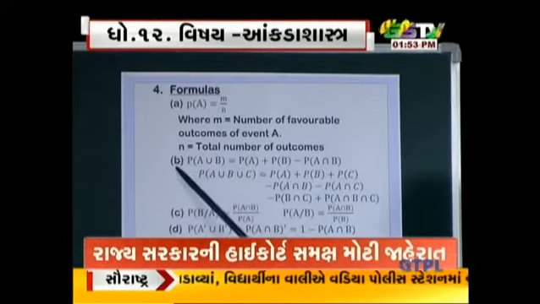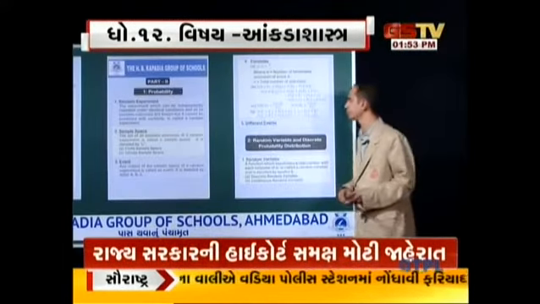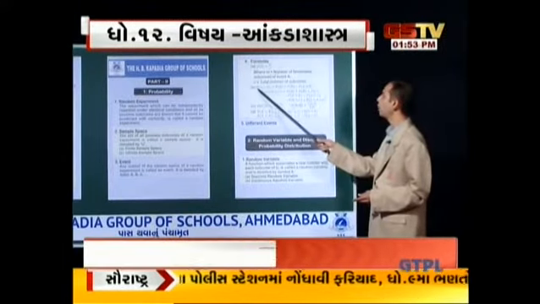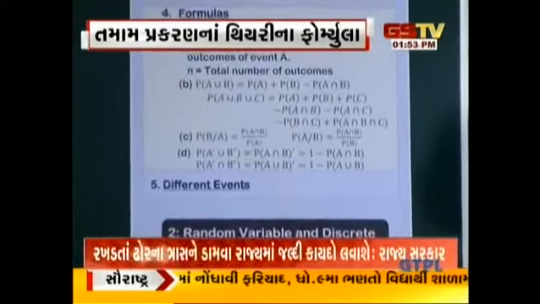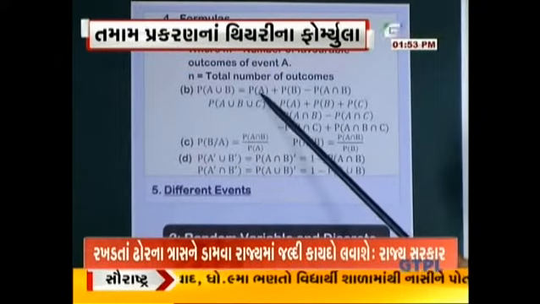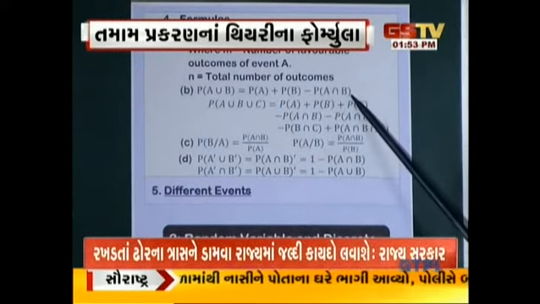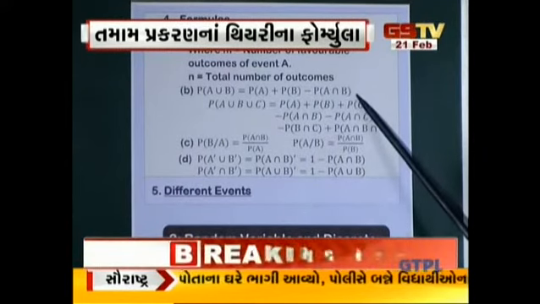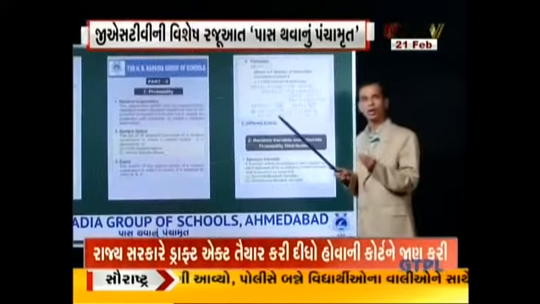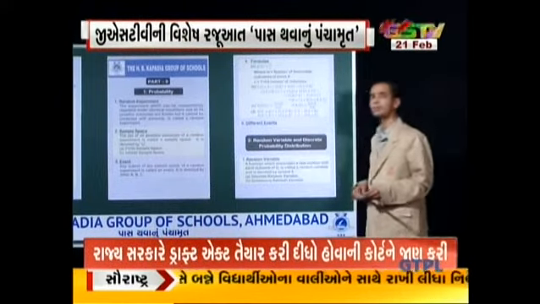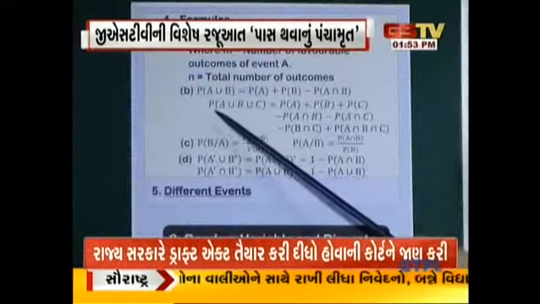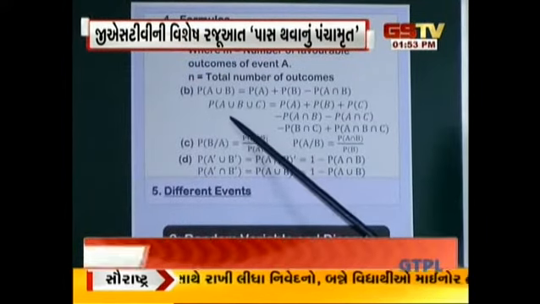Second, the formula of union of events. It is described as P of A union B. The formula is P of A plus P of B minus P of A intersect B. This formula is used to find the union of two events. Now if there are three events, then we can find the union by applying this formula.